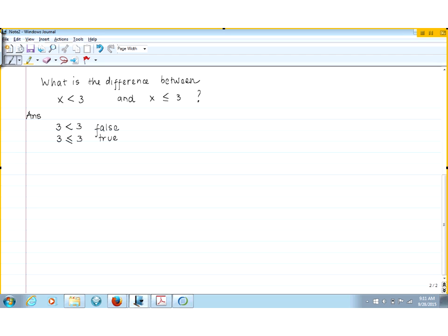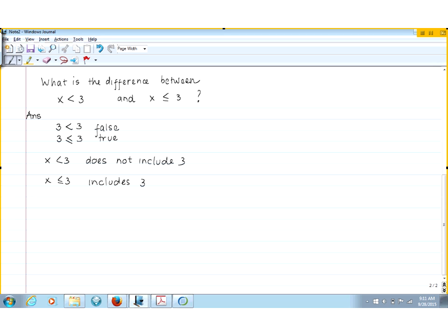So how would you answer it? Actually, Javier, you already answered. So x less than 3 does not include 3, and x less than or equal to 3 includes 3 in the solution set.